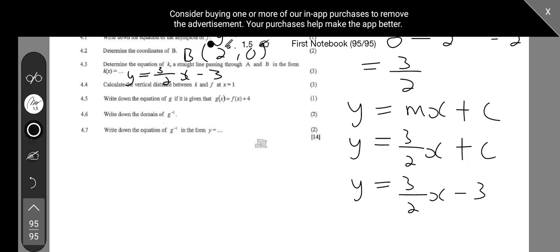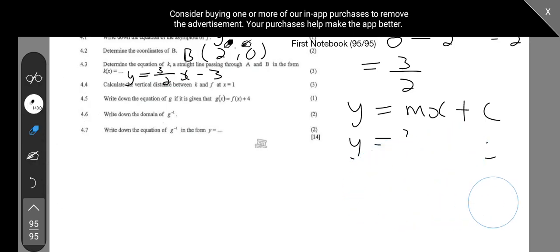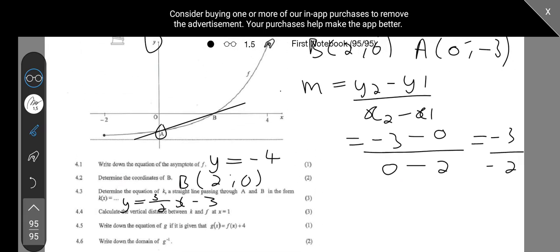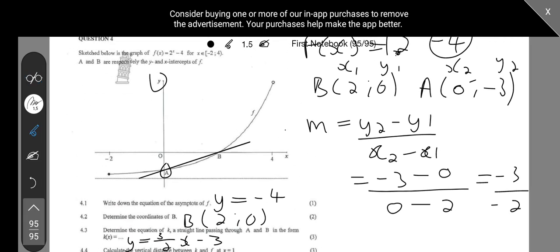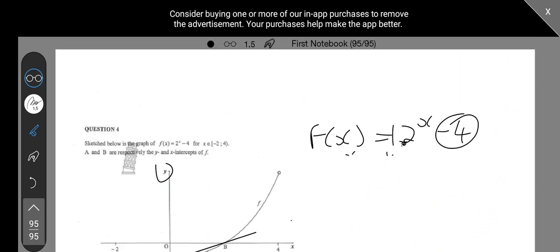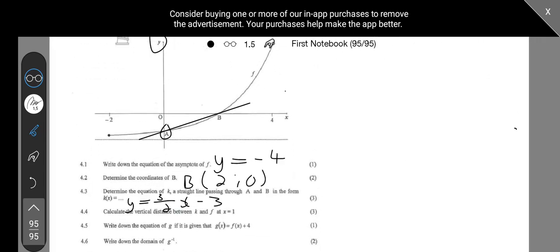Then we are going to erase since we are working with limited space here, and we are going to move to the next one after I finish erasing. Okay, so we are now on 4.4.